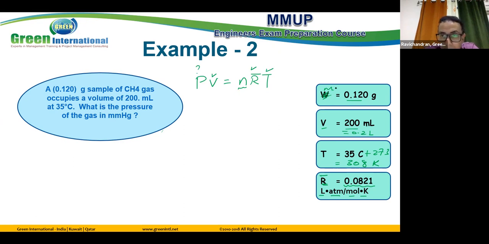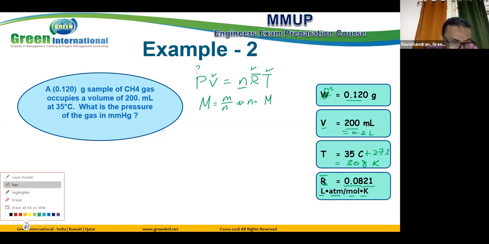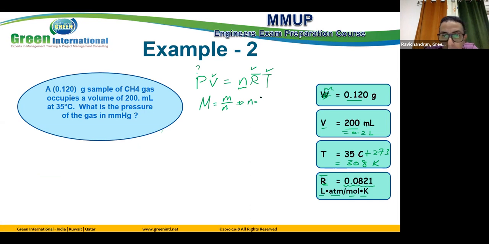What is this? It's a mass. How to get n from the mass? We have a relation between n and m. What is this relation? Molar mass. Molar mass is equal to what? m over n. So the number of moles equals m over M. Actually, m we have, which is 0.12 gram.